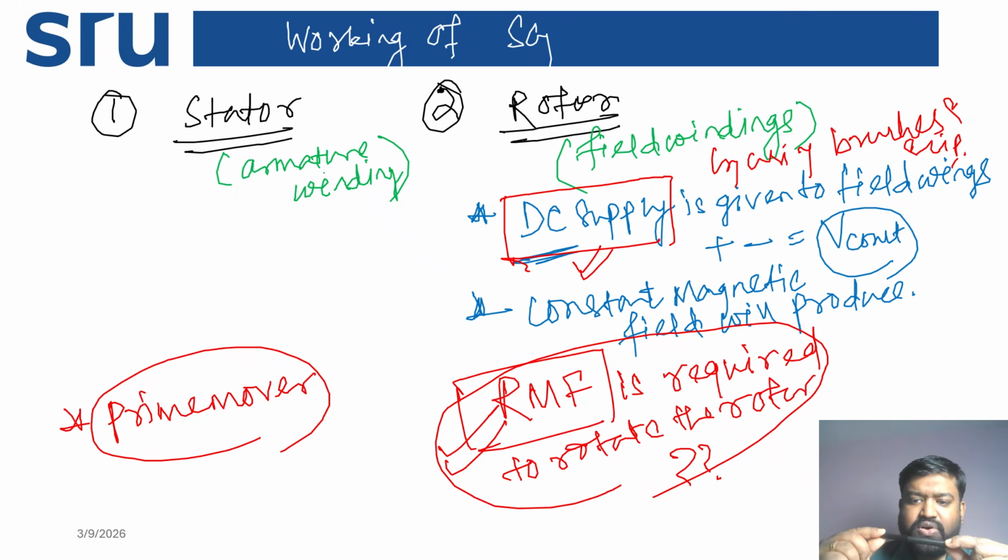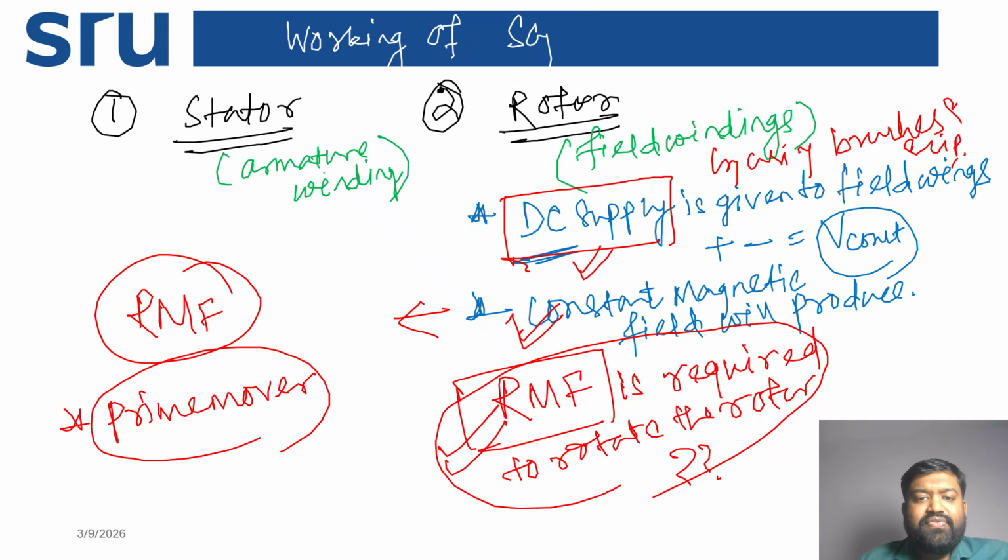The prime mover rotates the rotor, and when it rotates the rotor, the constant magnetic field is converted to a rotating magnetic field. This rotating magnetic field cuts the stator conductors, and then an EMF is induced across the stator.